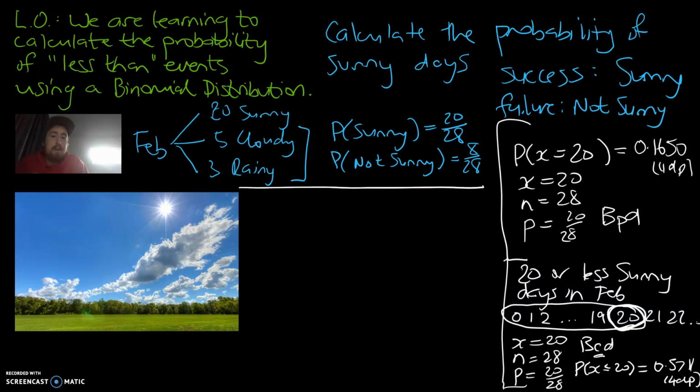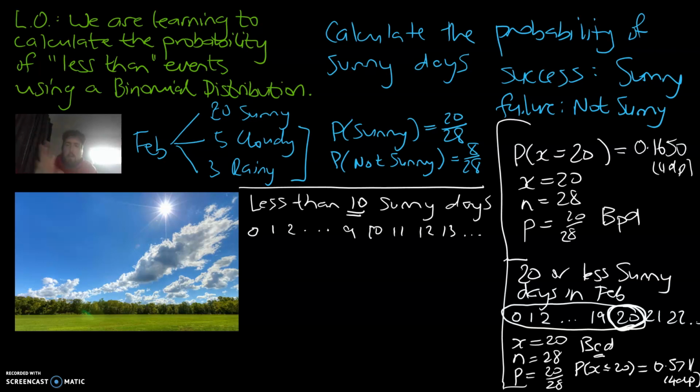We'll quickly do 2 more questions. What's the probability of less than 10 sunny days? Let's do a number line: 1, 2, 3, skipping all the way to 9, 10, 11, 12, 13.